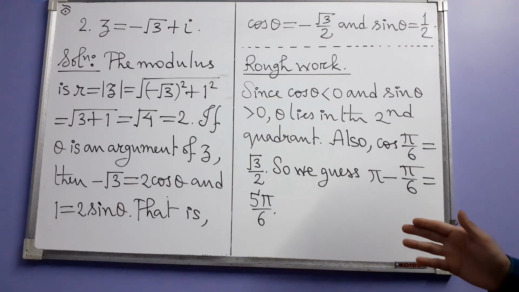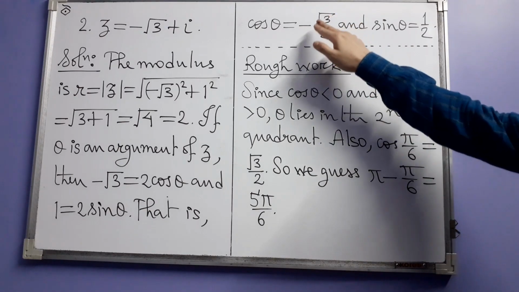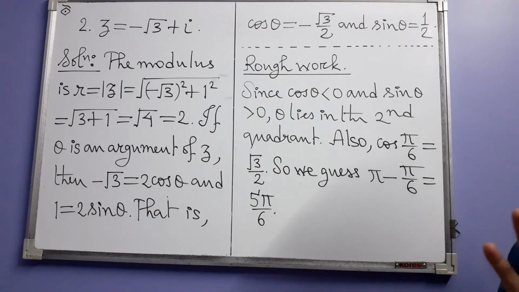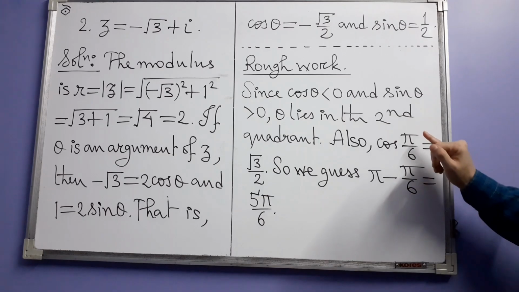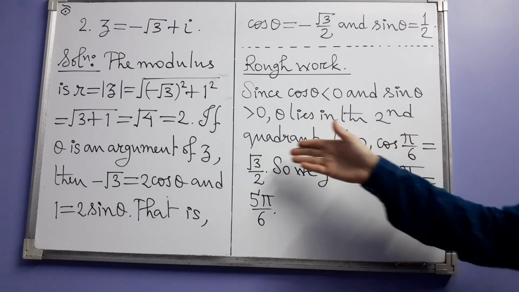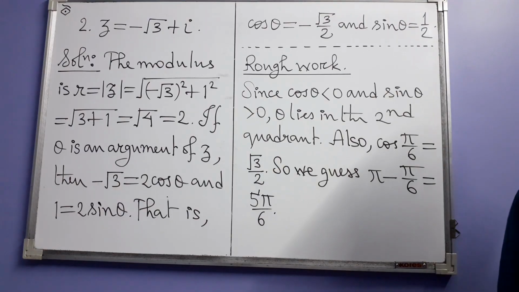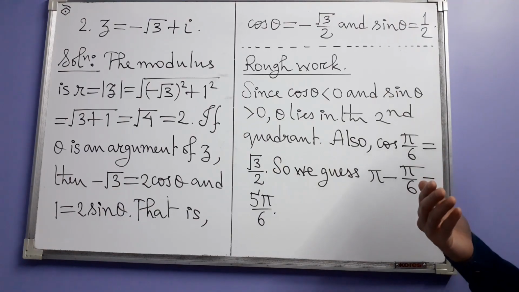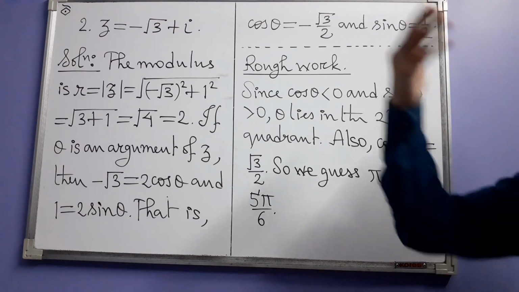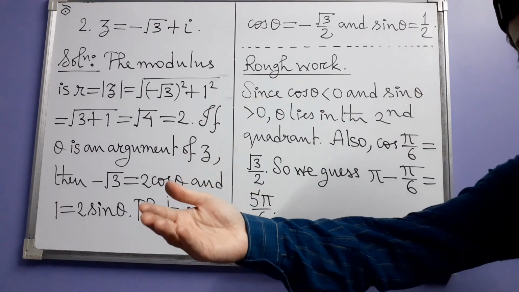At the same time, again, we just take the numerical value and guess one theta, which won't really be our theta, but it will be involved in the calculation. Cos 30 degrees, or cos pi over 6 radians, equals root 3 divided by 2. But we want an angle in the second quadrant, so we subtract this from pi.